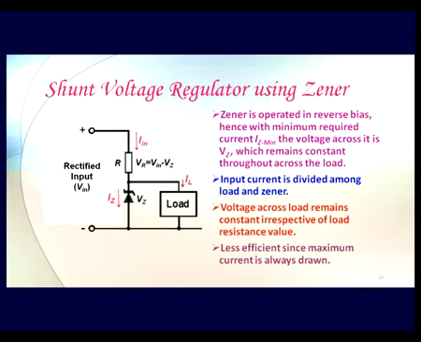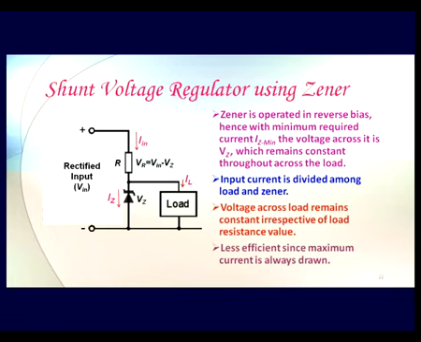So you should ensure when you design a circuit that your Zener will always keep on getting at least IZ minimum, and your load is going to get IL, which is nothing but Vz upon RL, the resistance value of this load. So this IL is essentially going to be different depending on my load value. My Vz is going to be fixed, but my IL may change depending on my RL.